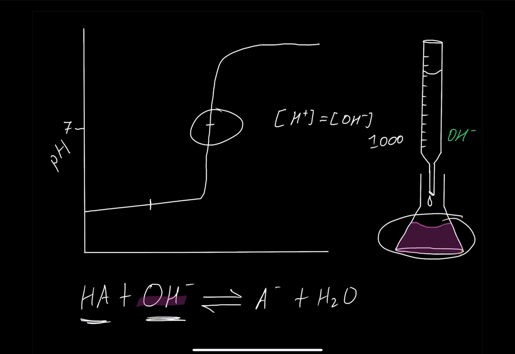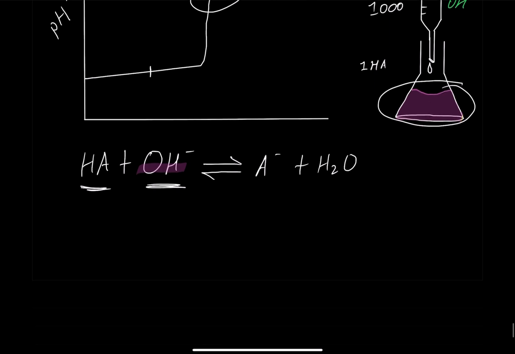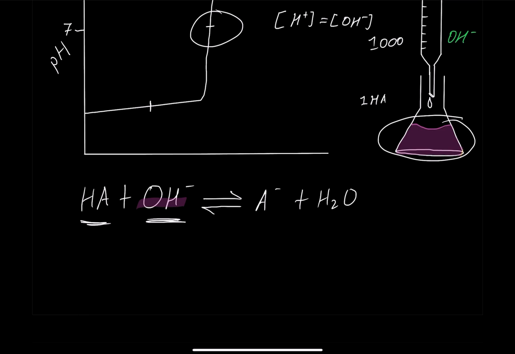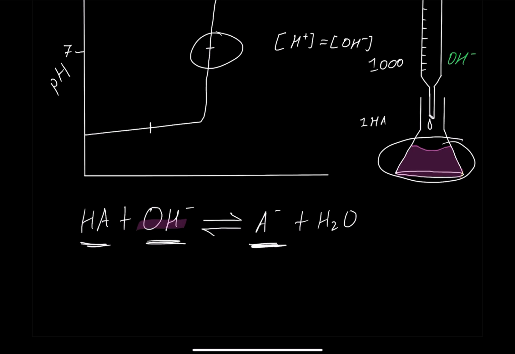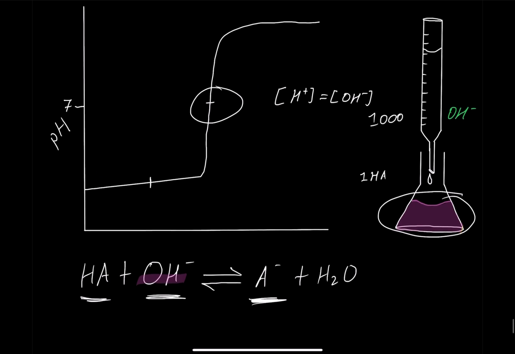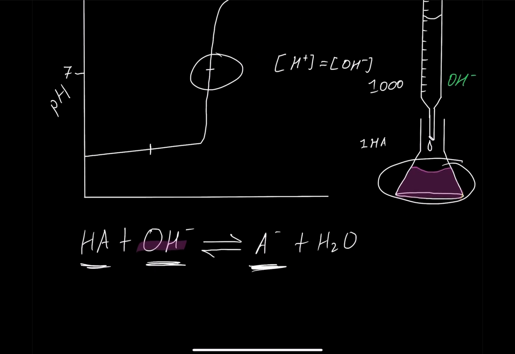If I have one HA here, that's only going to mean one A minus, because in this reaction the HA reacts with OH minus and you get H2O and an A minus. So the hydroxide ion being in excess doesn't affect how much A minus we have. It's just dependent on the limiting factor, which is the HA.